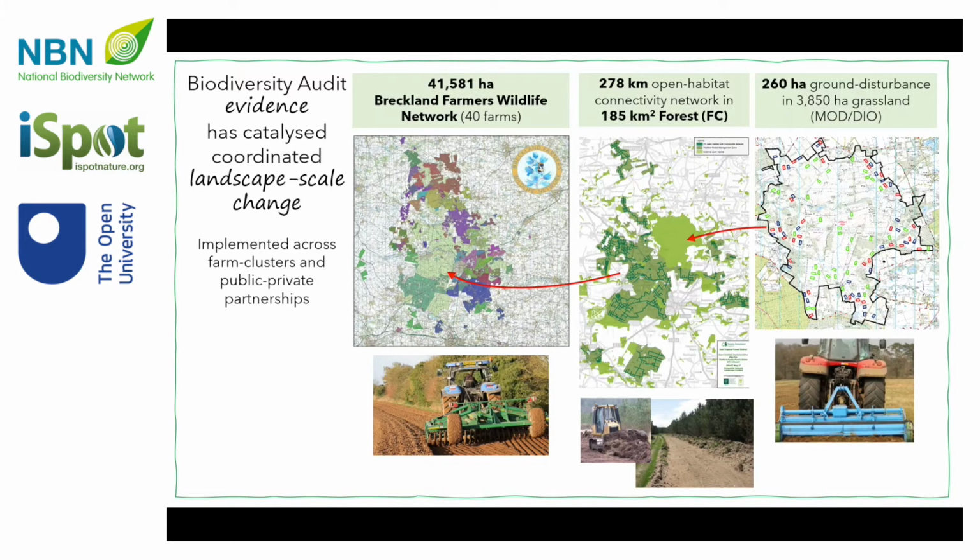And on top of that, there was an HLS agreement on this expansive grassland to add on to it. And it just goes to show that when you present evidence and use this biological data and show land managers where the species are and what they really need, you can get these landscape scale conservation initiatives off the ground.